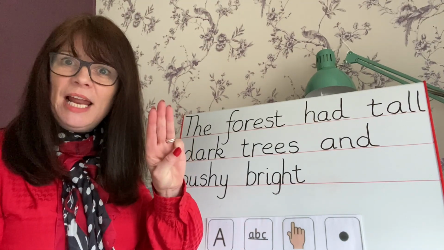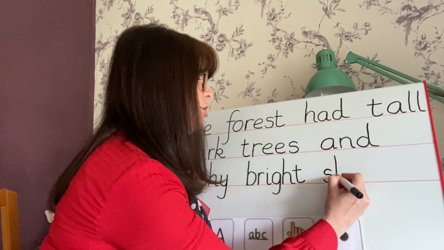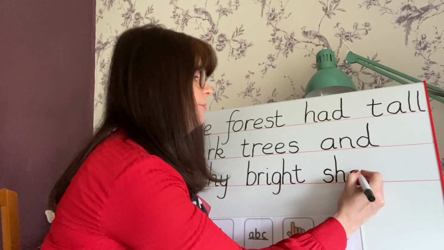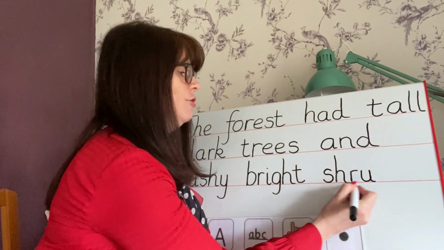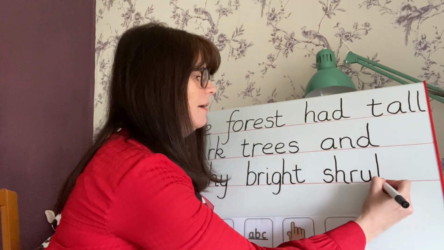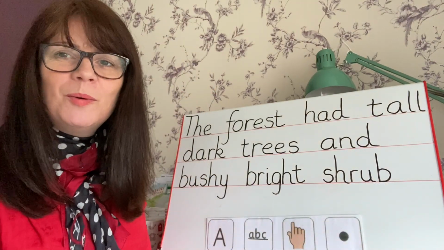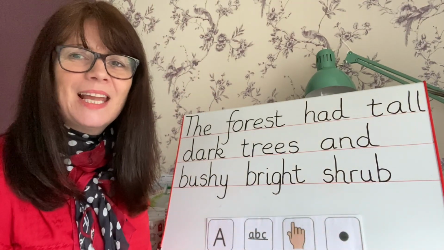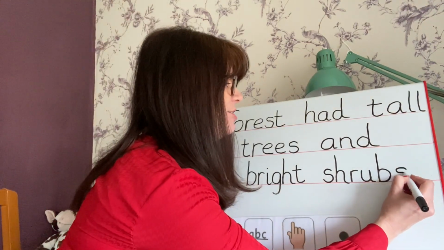It's a three-letter blend. Shr. Sh. Shrub. Oh, I want more than one. What do I have to do? It's a plural. I have to put an S on the end. Shrubs.